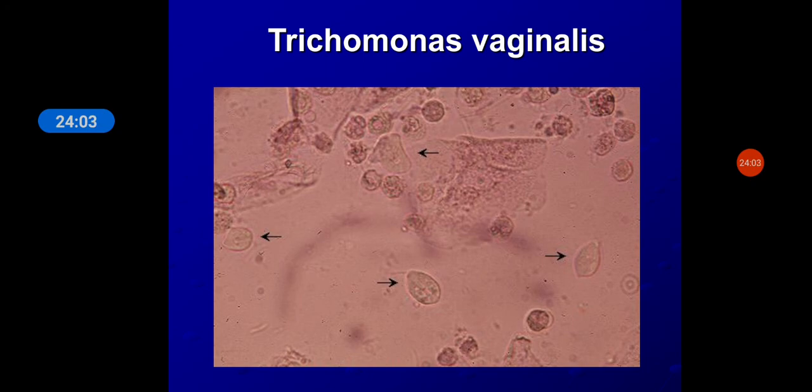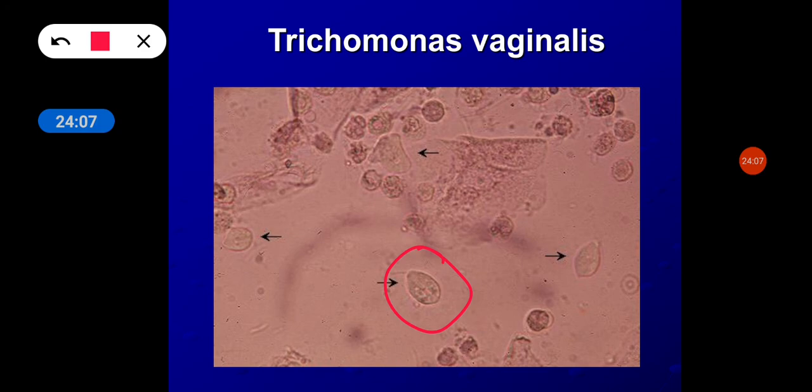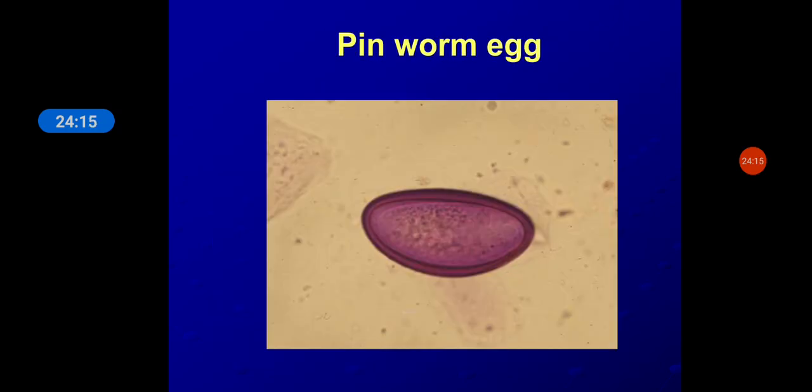So this is Trichomonas vaginalis, flagellated parasites. Here all these are Trichomonas vaginalis. This is the egg of a pinworm, which is stained. Ideally you don't see it like this, but when there was a suspicion, we stained it and we could find the pinworm egg.